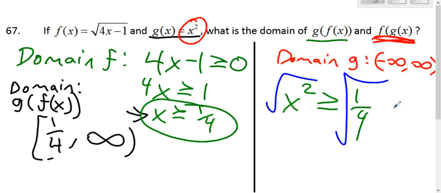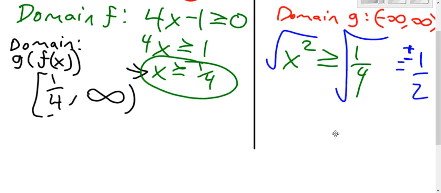And the square root of 1/4 is a half, which means that's really all we have to worry about is the half. It's plus or minus 1/2. So negative 1/2, positive 1/2.